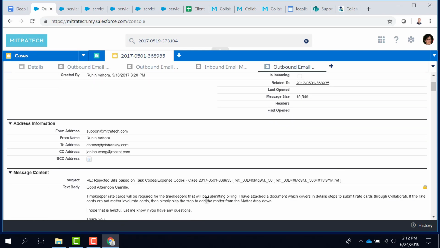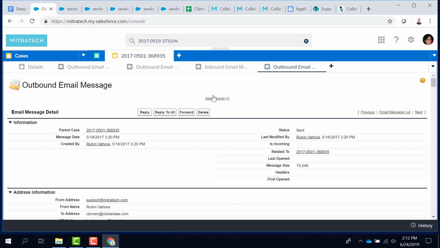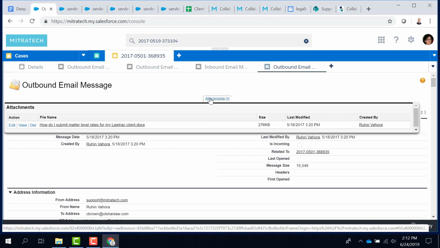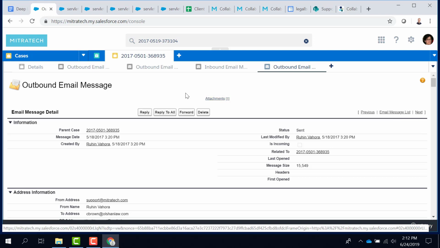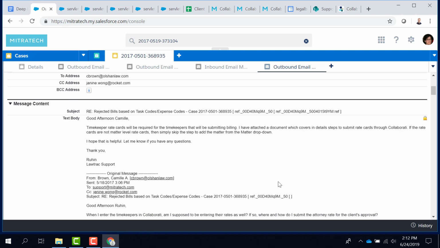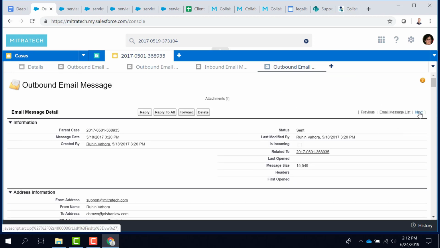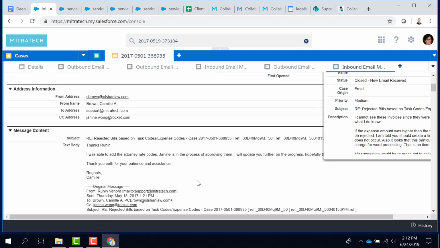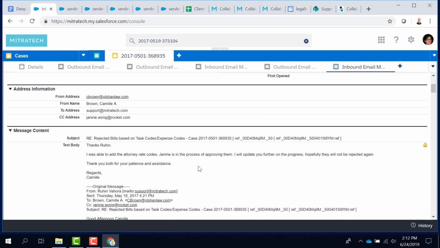All right, so we've attached some information about the rate request. If the rate cards are not matter level rates, simply skip the step to add the matter from the matter dropdown. I was able to add the attorney rate codes.